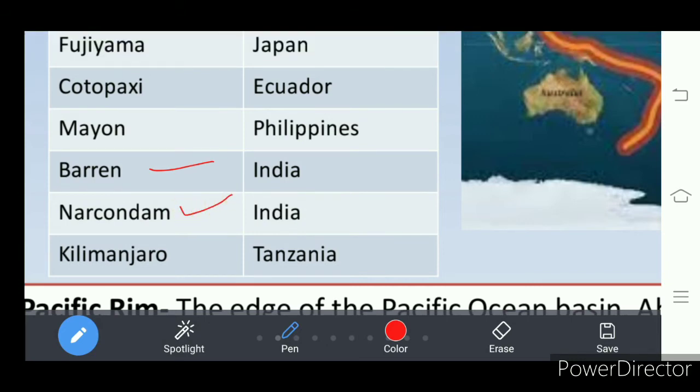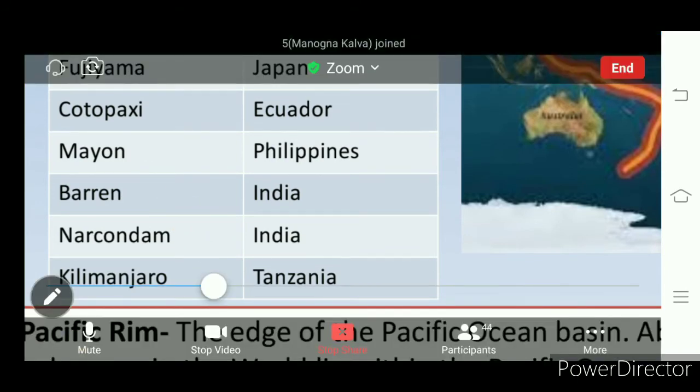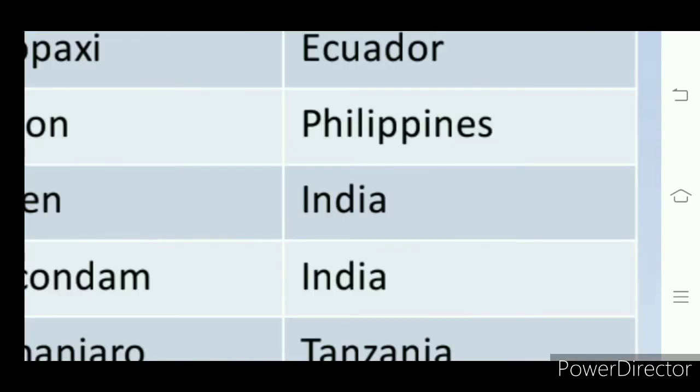Narcondam is also one volcano we find in the Andaman Nicobar Islands. Next is Kilimanjaro. It is a volcano we find in Tanzania. Tanzania is an African country. There we find Kilimanjaro. So all these are important volcanoes we find in the world.